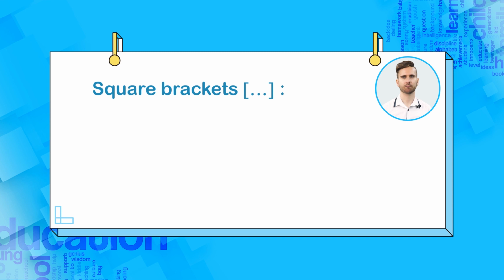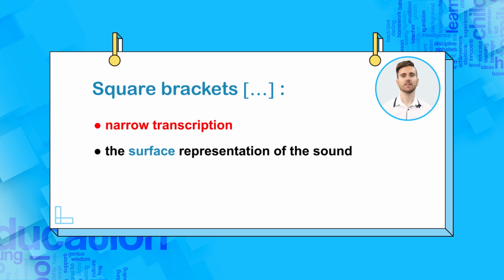On the other hand, we use the other type of transcription, narrow transcription, to represent the sounds that we actually pronounce in the real world. As a result, this type of transcription uses as much detail as possible to represent exactly how we pronounce a sound.